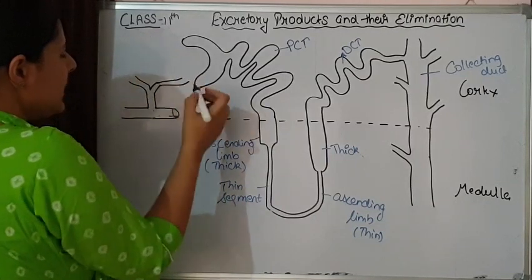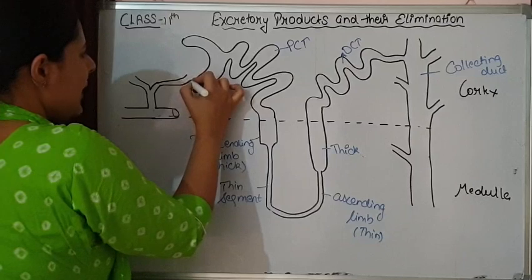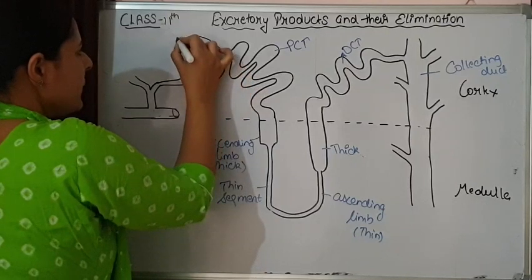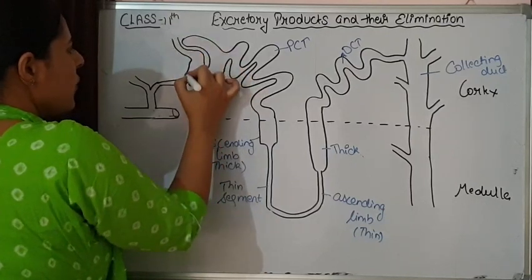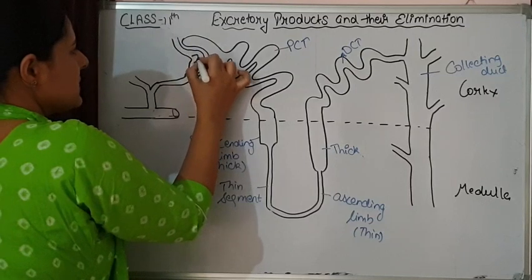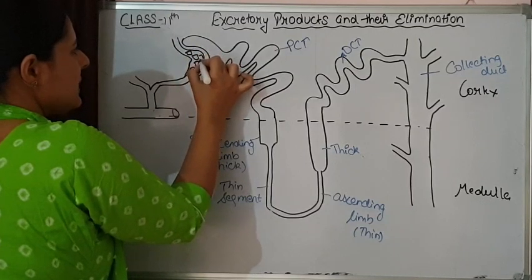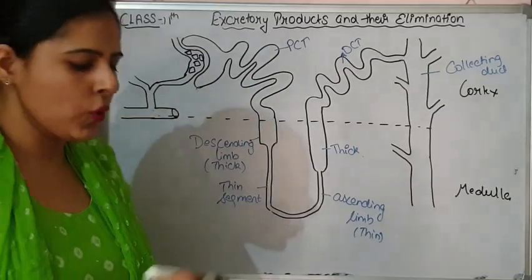The arteriole is going to form a network of capillaries, and this network of capillaries we call the glomerulus.